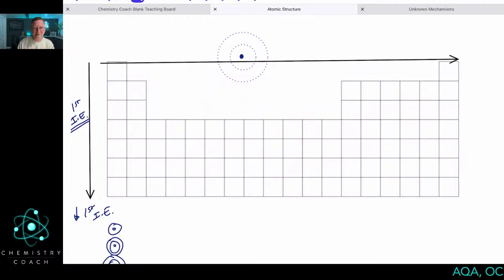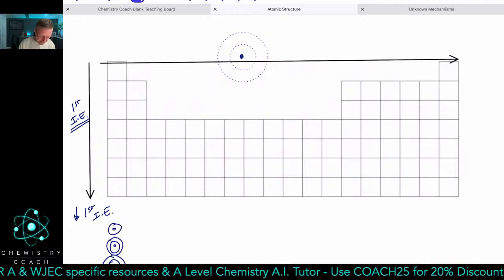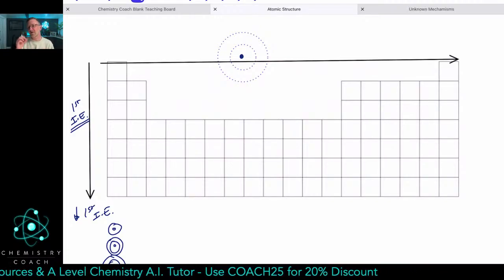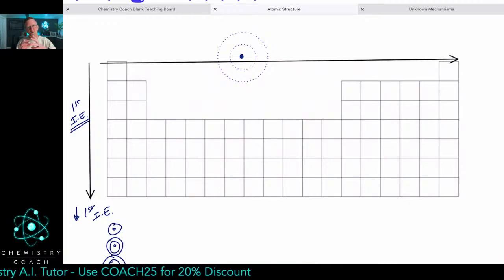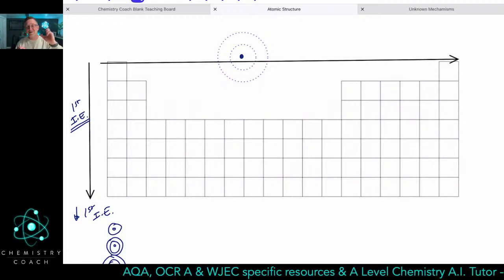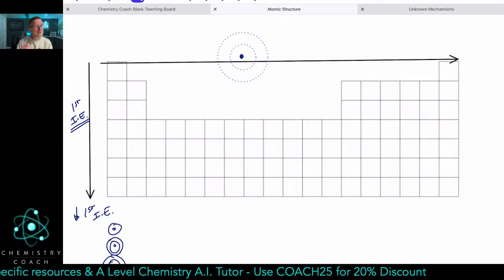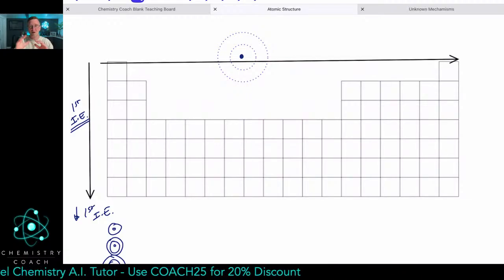That means the distance of the outer electron from the nucleus also increases, which means there's less of an attraction between the nucleus and that outer electron because we're adding all that shielding of electrons in between. So it makes it easier to remove the outer electron because shielding increases and the distance of that outer electron from the nucleus increases. So even though we're getting more protons in there as we go down, the shielding is the star of the show.